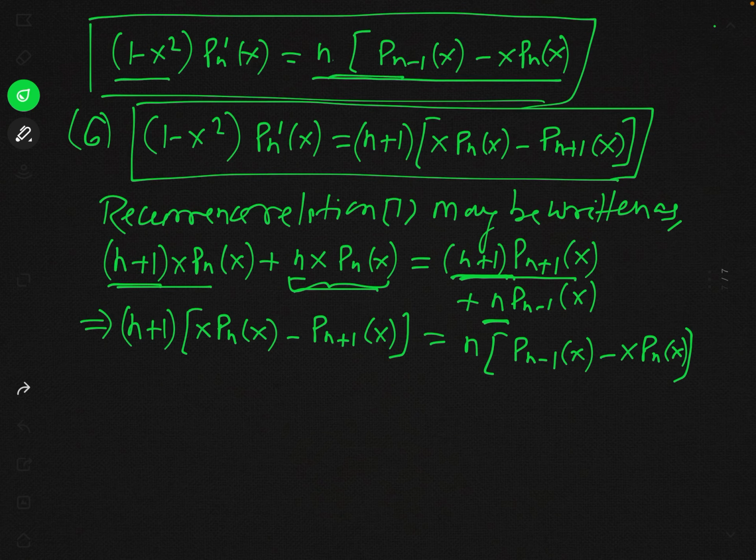Actually, this is equal to (1 - x²) Pn'(x). So you can see this term in the RHS of this equation, by the use of the fifth recurrence formula, can be replaced simply by (1 - x²) into Pn'(x).